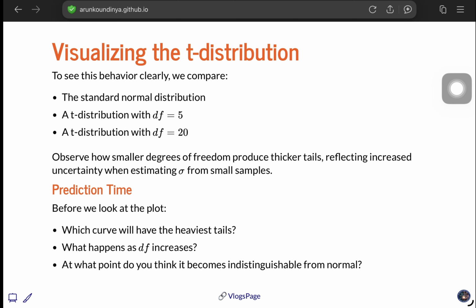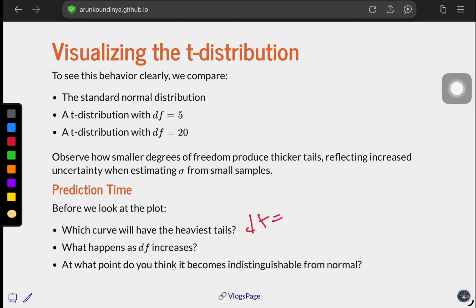Of course, the heaviest tail will be at degrees of freedom equal to 5. As we increase the degrees of freedom, as we have discussed before, what will happen? It tends to become normal.